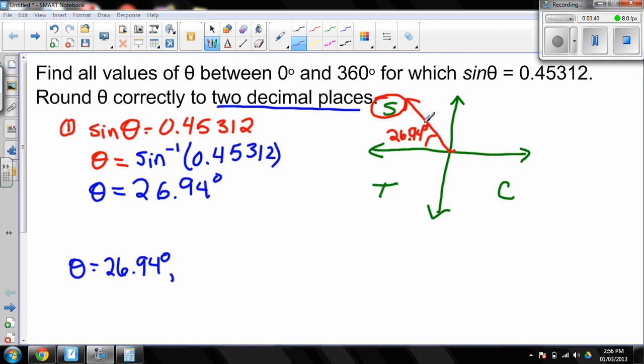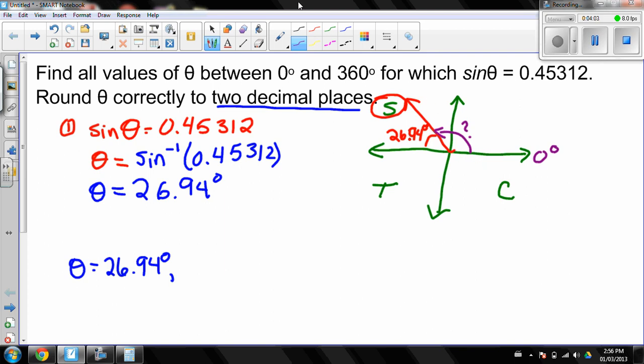Now, I can't say that this angle is 26.94 degrees, because that's my reference angle. That is not in standard position. Standard position angles always start from 0 degrees, or your furthest right-hand arm, and move counterclockwise.